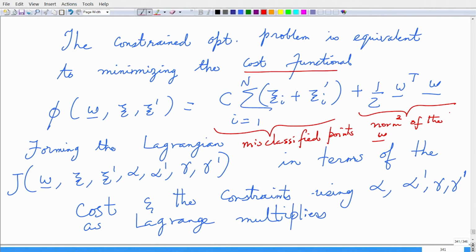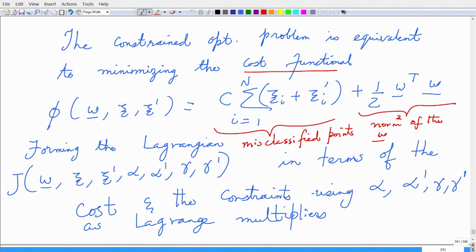The same way we do this for this case. The second term is basically the norm square of the weight vector that I need to minimize. So in some sense I am also bringing in this notion of maximizing the margin of separation by trying to minimize the norm of this weight vector.